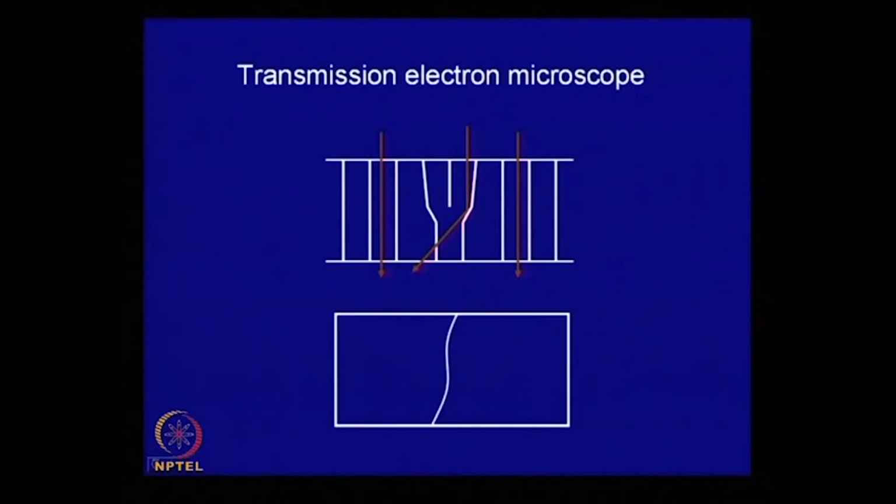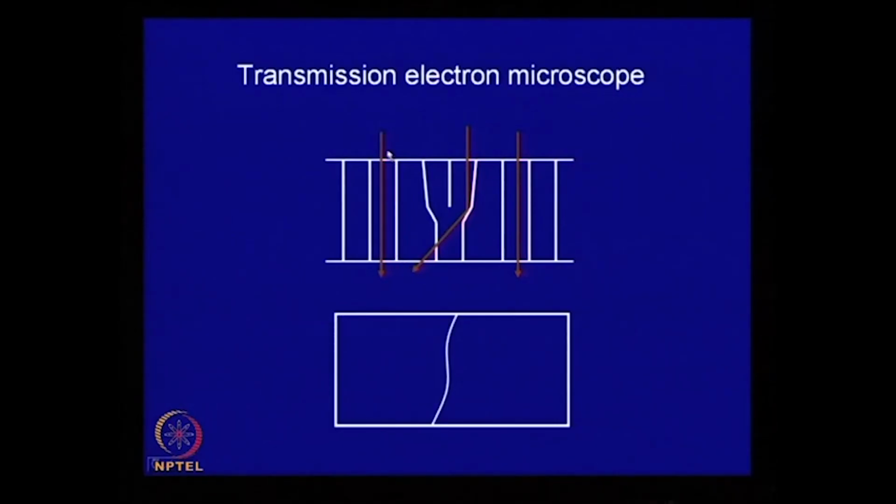In a transmission electron microscope, you examine a thin foil. Let us visualize these regular atom planes, and this is an edge dislocation, a pictorial representation of an edge dislocation.